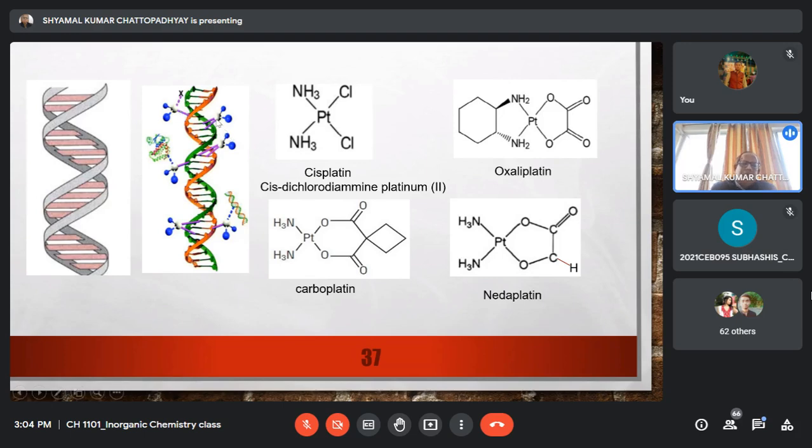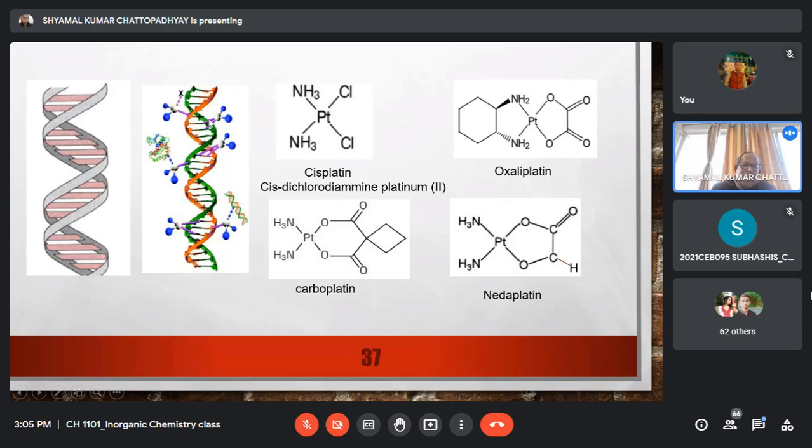Then, if you go here you find that the metal complex has bound DNA in a bidentate fashion, right? So, two coordination sites of the metal are bound to DNA. Now, first of all, you see, this binding has occurred to the same strand, right? Both the coordination sites of the metal ion are coming from this green strand.